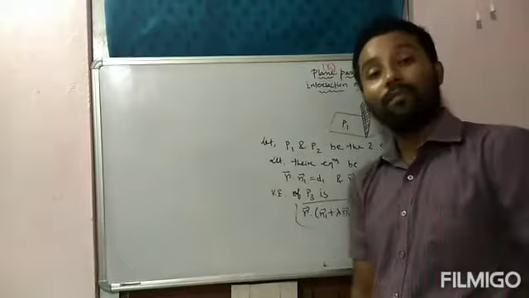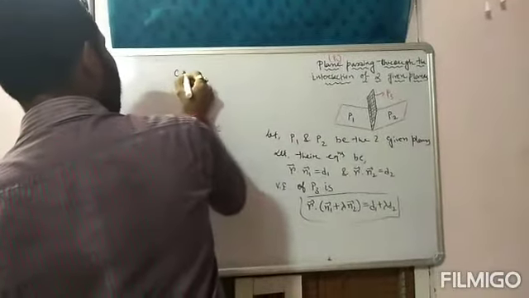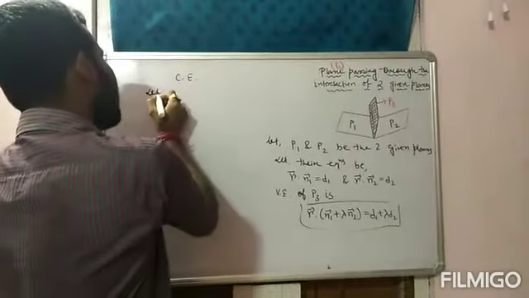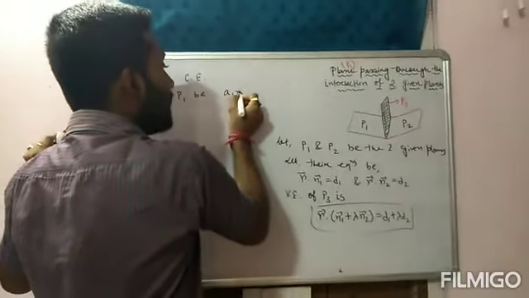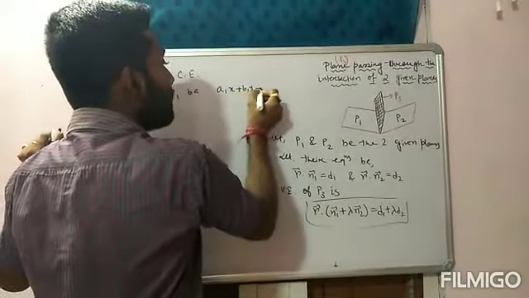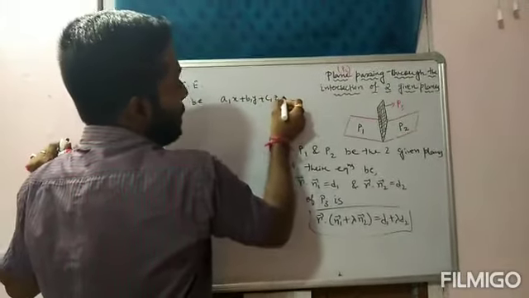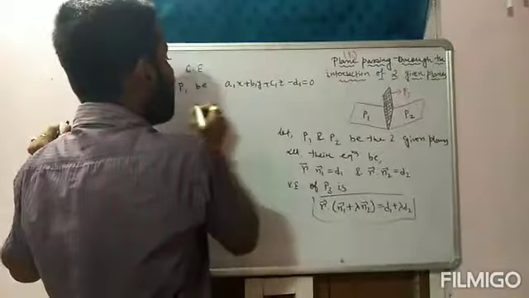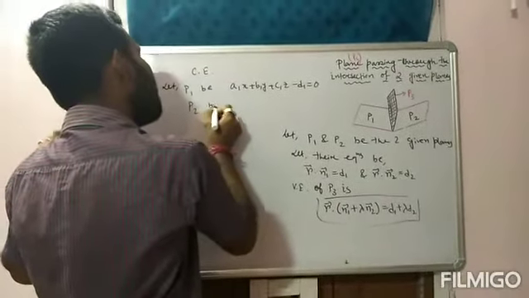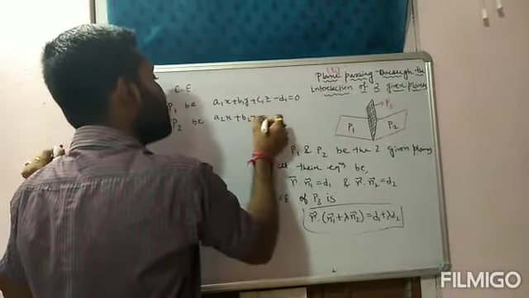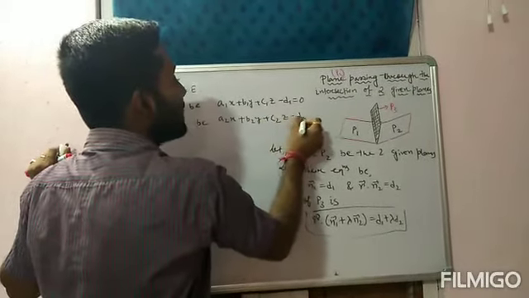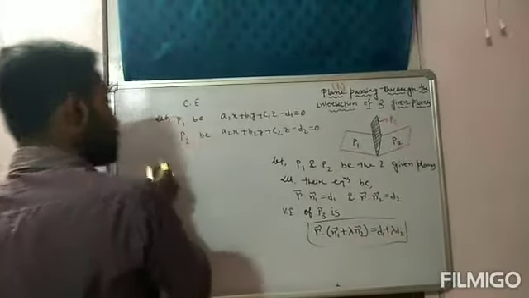This is the vector equation of a plane. Now the Cartesian equation is very simple. For the Cartesian equation, let us consider the equation of P1 be a1x plus b1y plus c1z minus d1 is equal to 0, and the equation of P2 be a2x plus b2y plus c2z minus d2 is equal to 0.